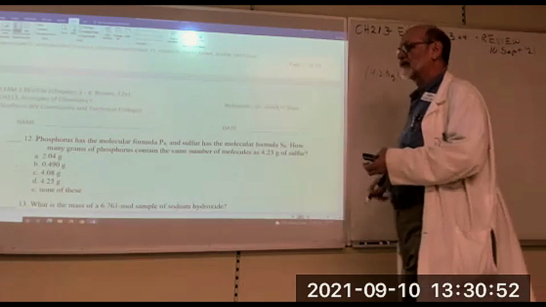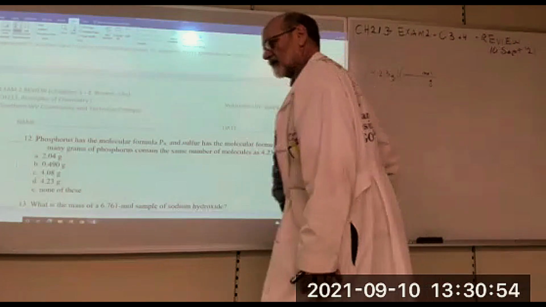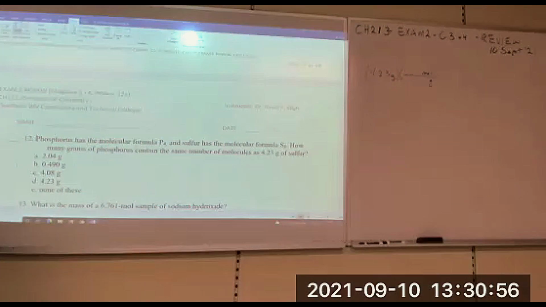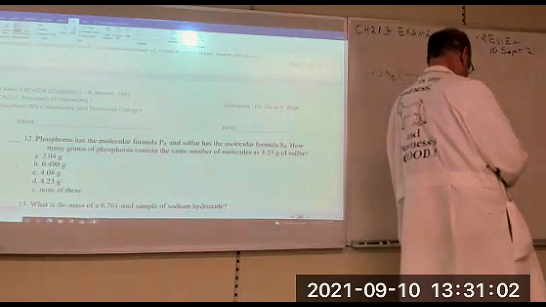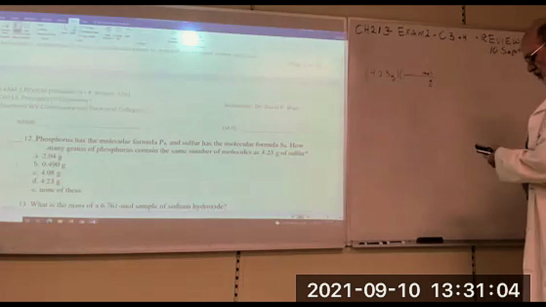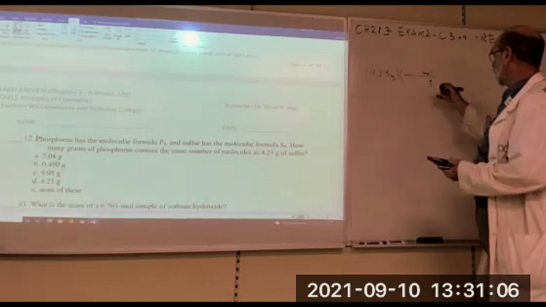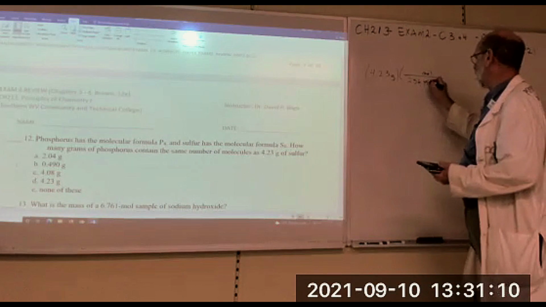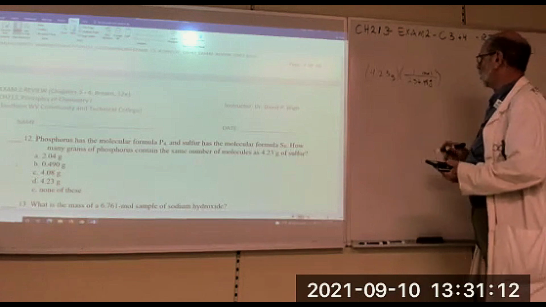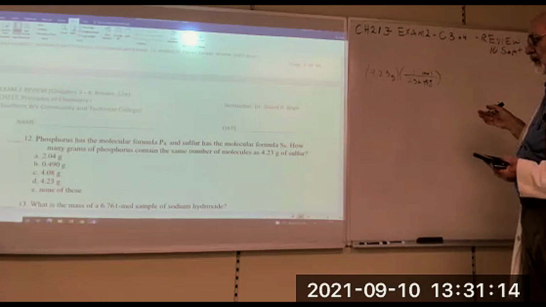Sulfur is 32.06 times 8, 256.48 grams per mole.